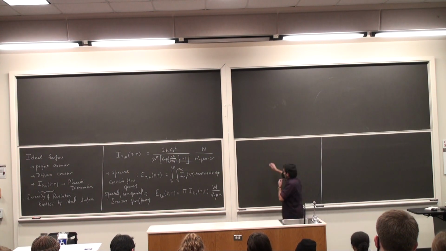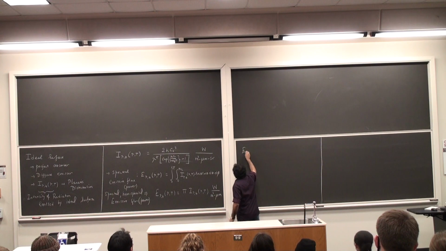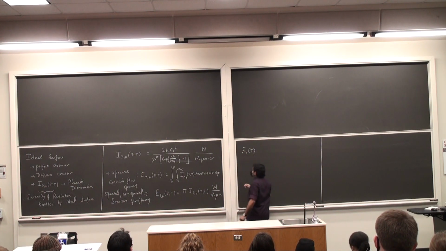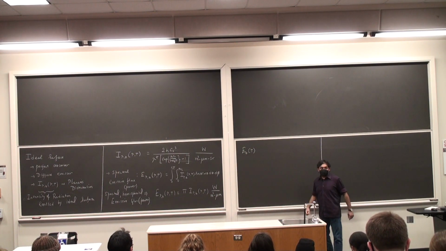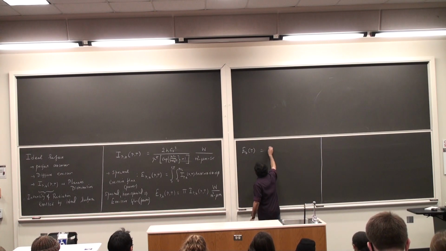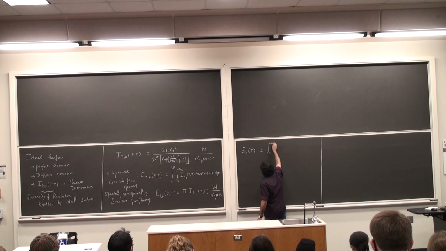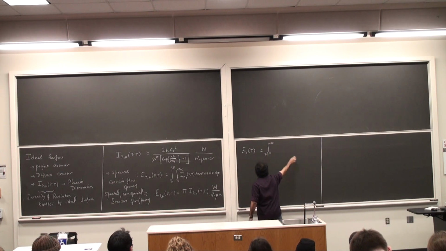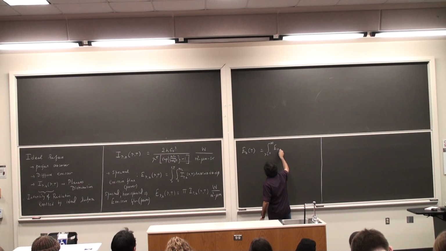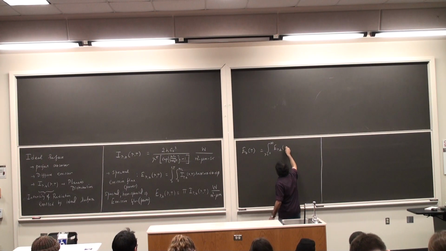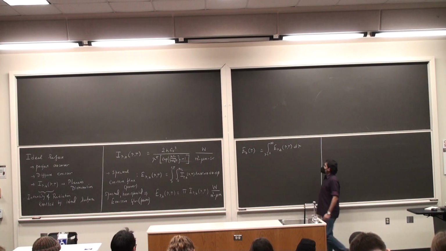Okay, so E_b, which is now going to be solely a function of temperature alone, is the integral from 0 to infinity of E lambda,b(lambda, T) d lambda.